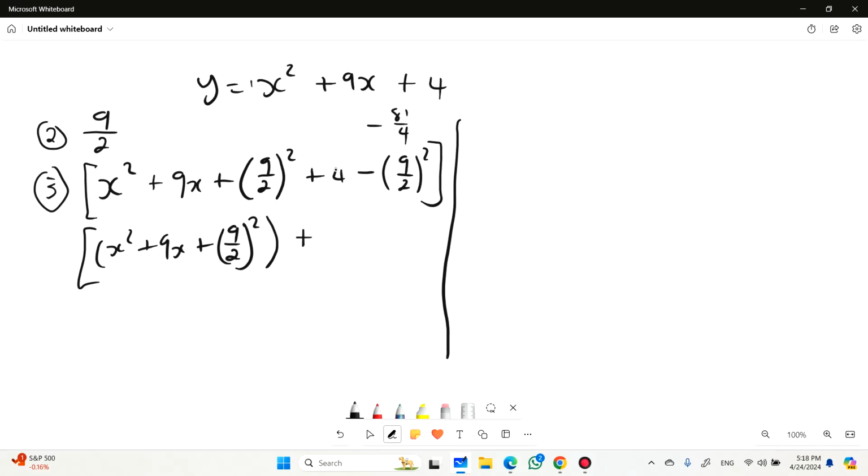minus, basically this is 4 here, so that's 16 over 4, yeah, 16 over 4, so 4 and 4, I'll have 16 minus 81.